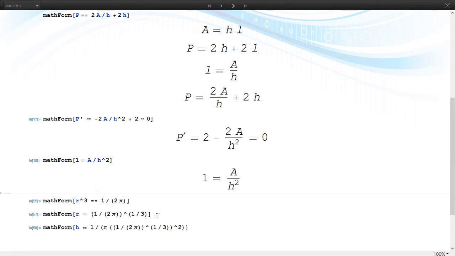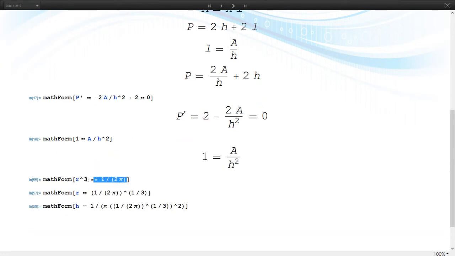And so we multiply by the denominators. We get h squared equals a. We take the square root of both sides, and we get h is equal to the square root of a, like so.